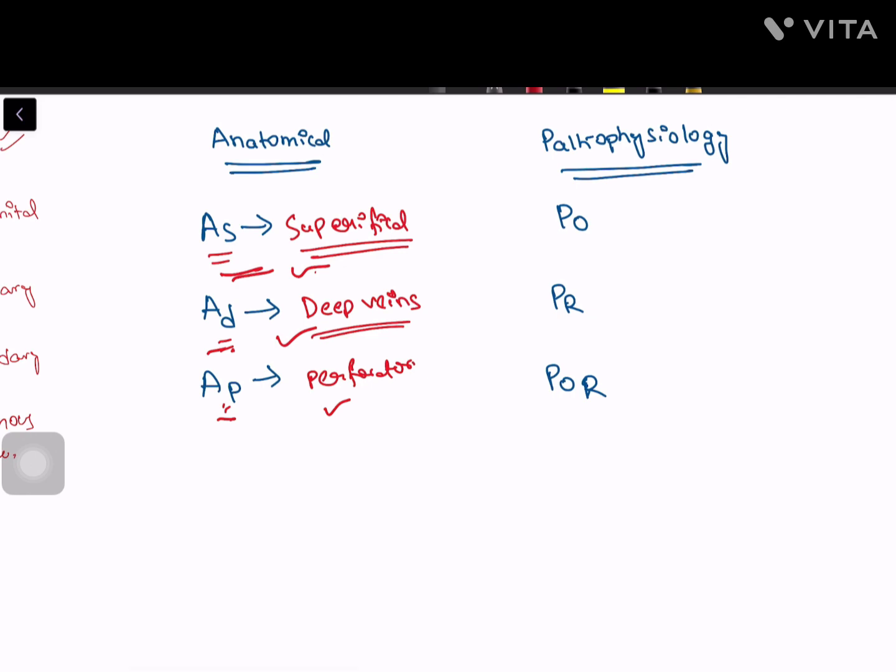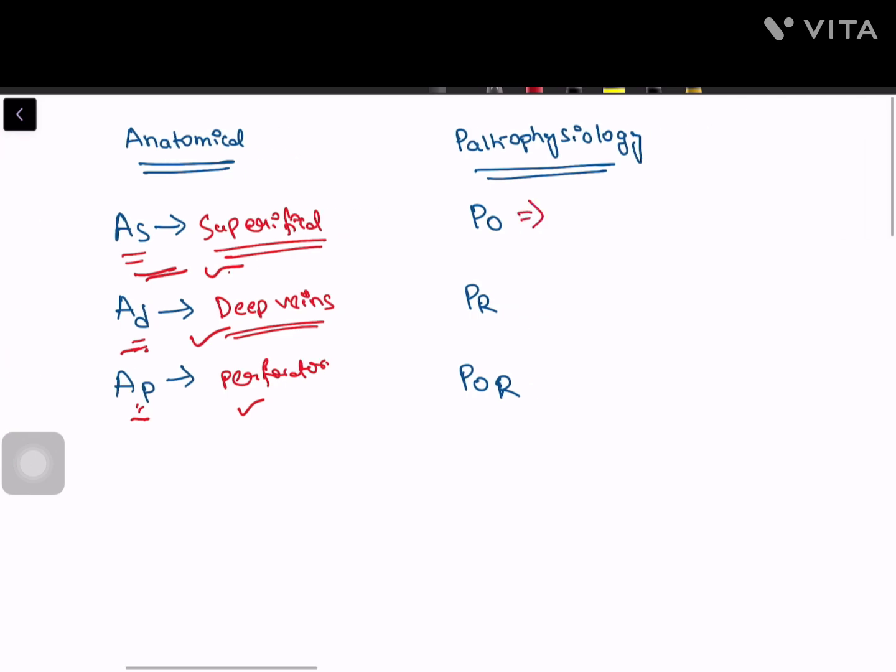Next, pathophysiology. Pathophysiology may be obstructive or reflux. Obstructive, can you give me an example?